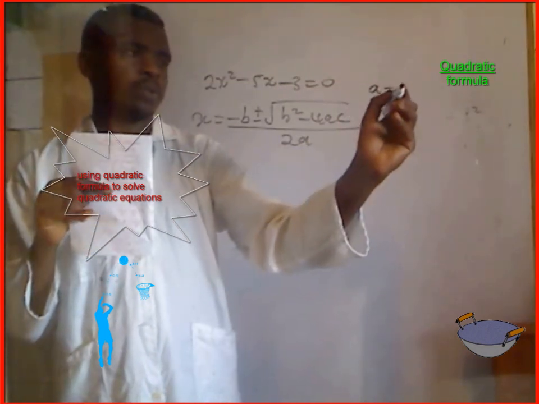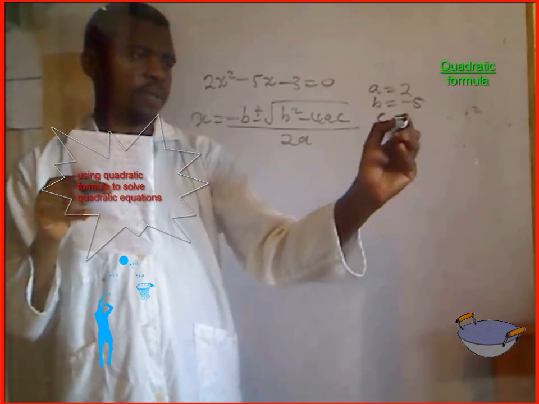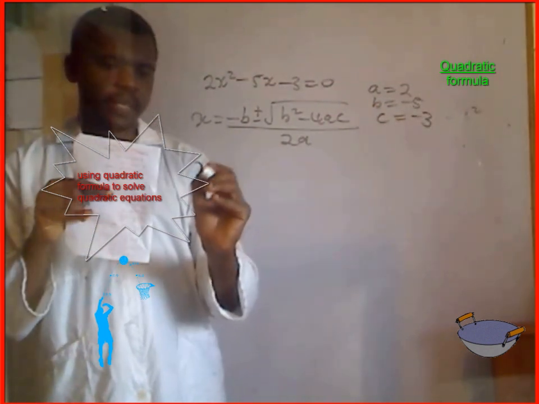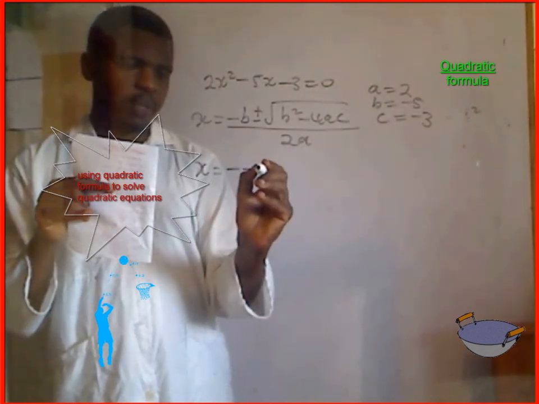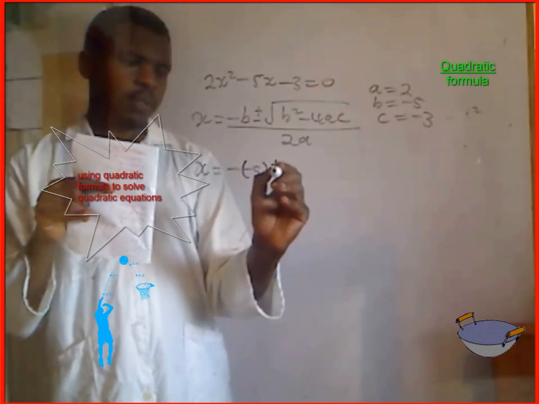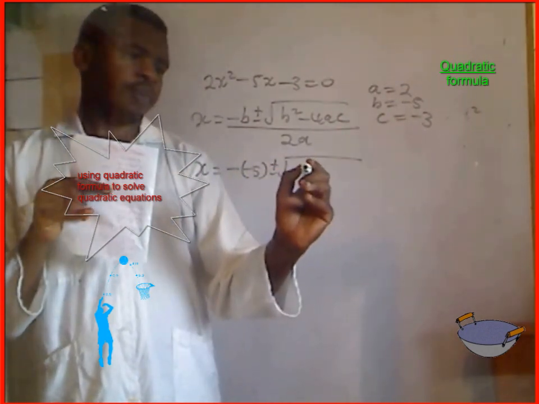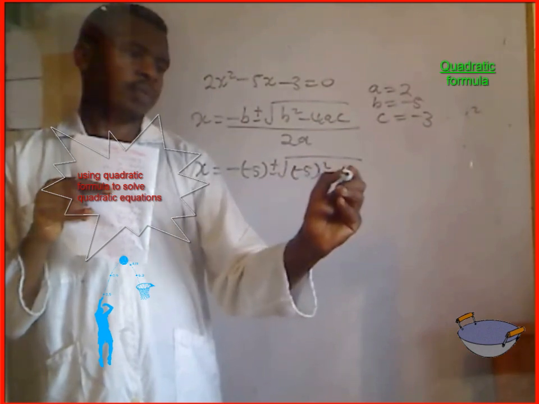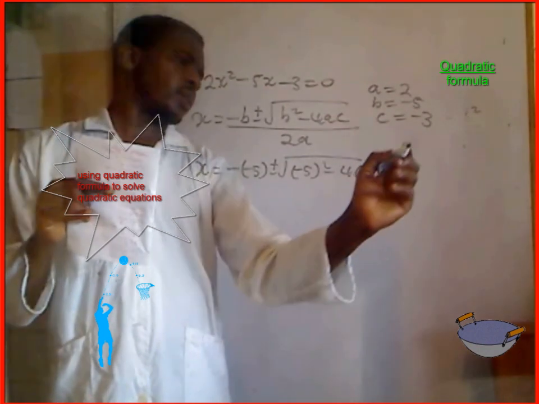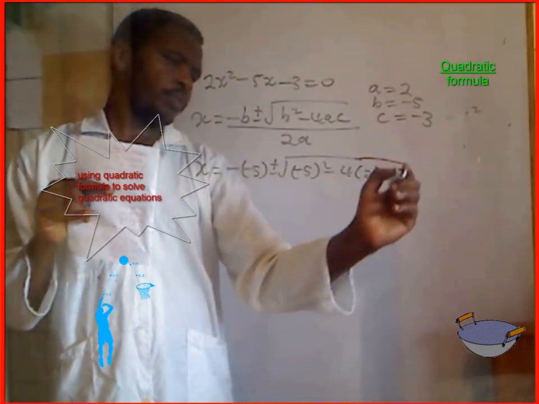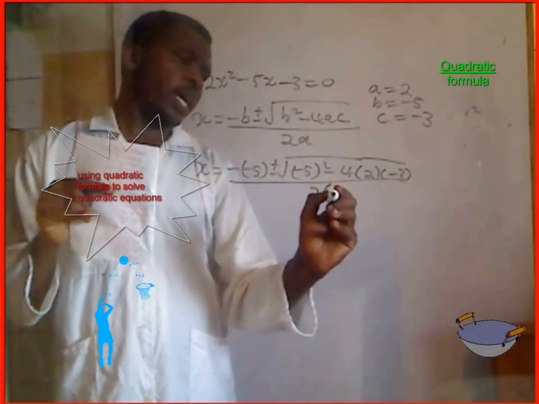A is equals to 2, b is equals to minus 5, and c is equals to minus 3. So x there will be equals to minus b, that is minus 5 plus or minus the square root of minus 5 all square minus 4ac. A is 2 times c, which is minus 3, all over 2a, 2 times 2.